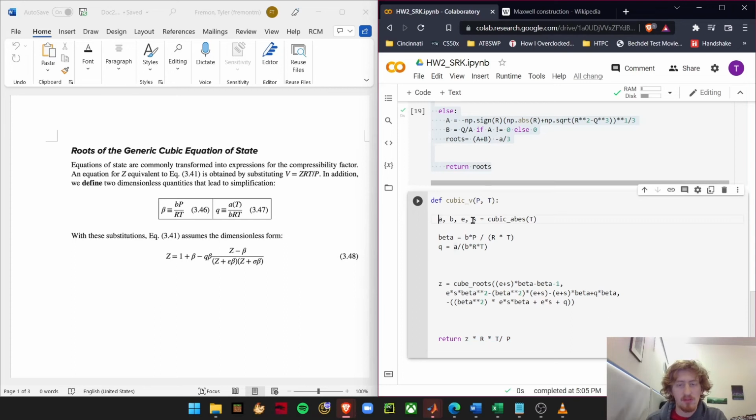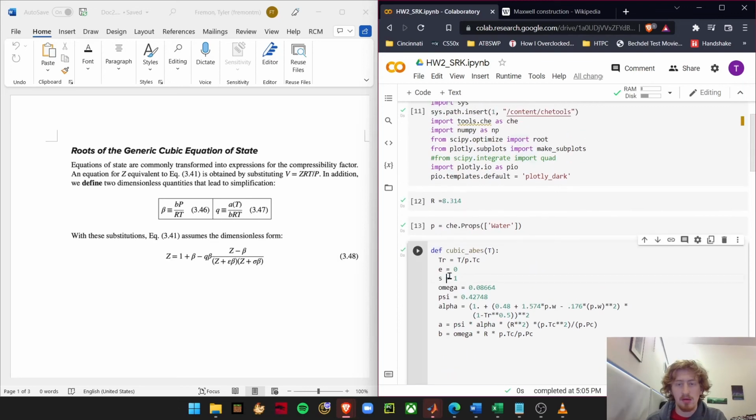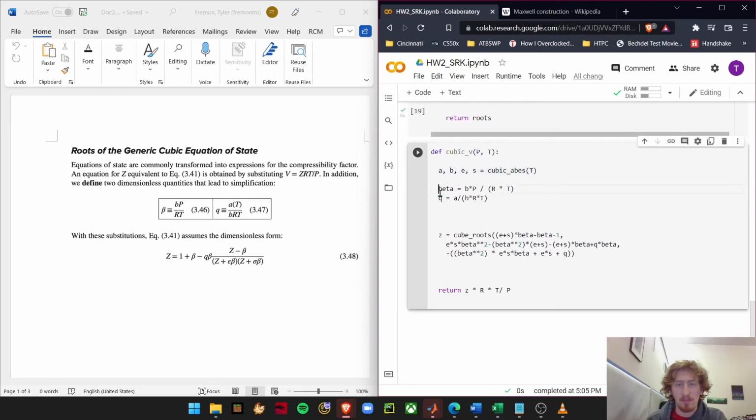So a quick recap of what this is going to do. We're going to give it a pressure and a temperature, and then from there it'll solve for A, B, epsilon, and sigma using this equation we defined all the way back up here. And then using that A, B, epsilon, and sigma, it can calculate beta and Q. And then using the cubic polynomial for the compressibility factor that we calculated earlier, we can plug in epsilon, sigma, beta, and Q, and solve for A, B, and C of the compressibility factor equation.